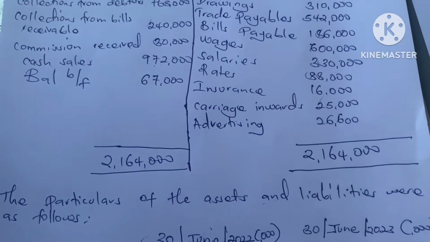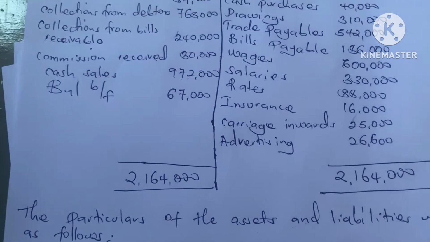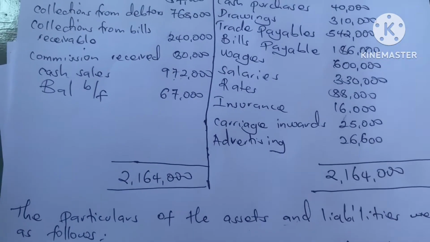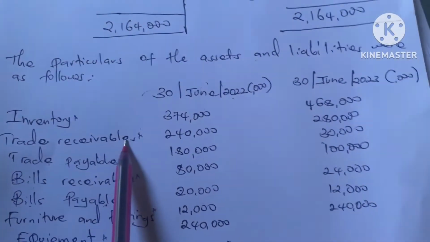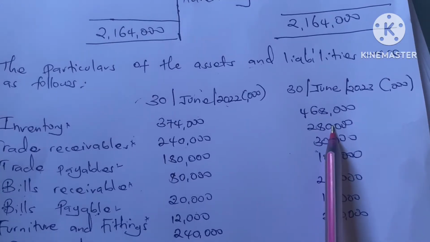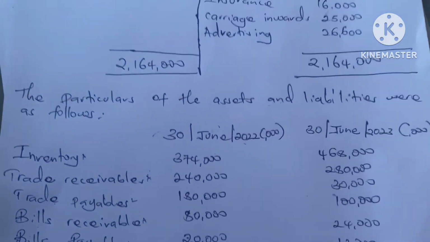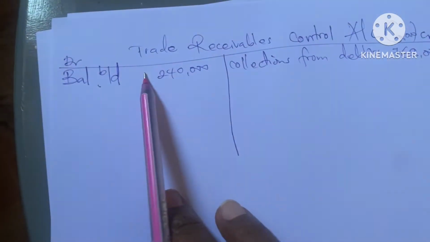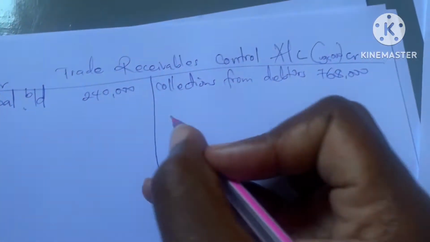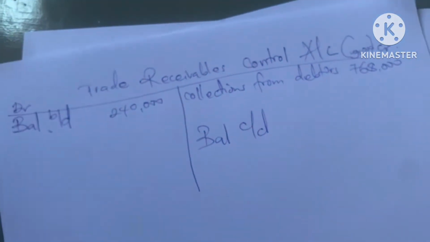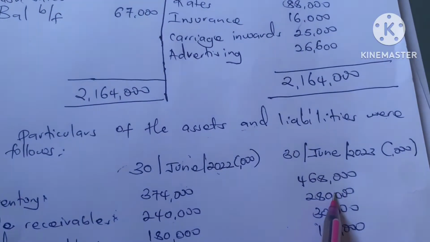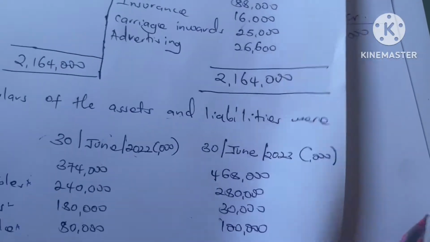So it means that we are just going to record the closing balance. And we have the closing balance here. This is the opening balance, this is the closing balance. And we said if the opening balance is this side, closing balance will be this side. So balance carried down is going to be this, the 280,000.